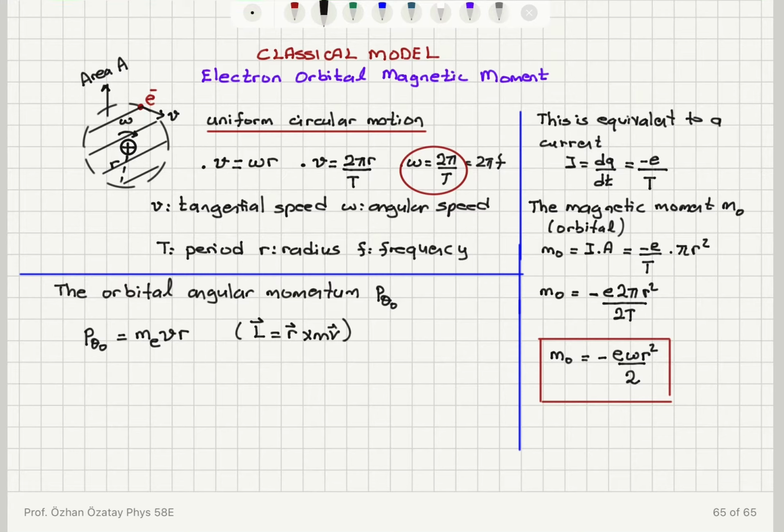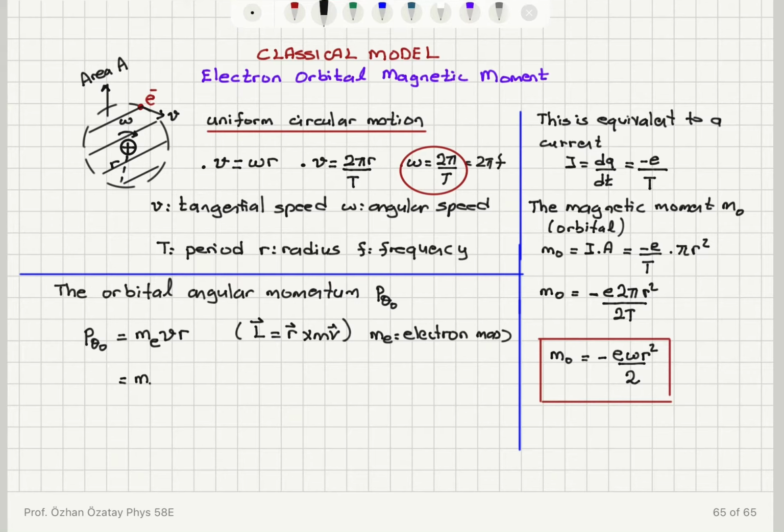So if you look at r cross mv, your angular momentum vector is pointing into the board, and you can see that because r and mv are perpendicular to each other, sine of 90 will give you 1, so you have mvr. And this can also be written as mass of the electron, so me is electron mass.